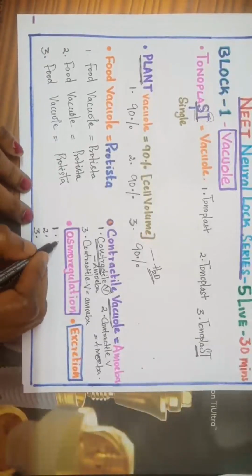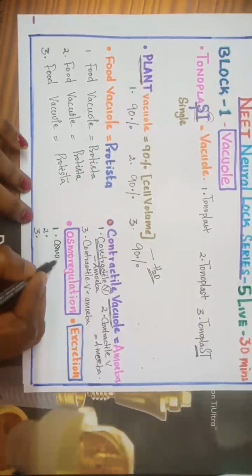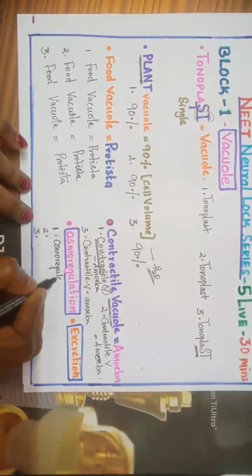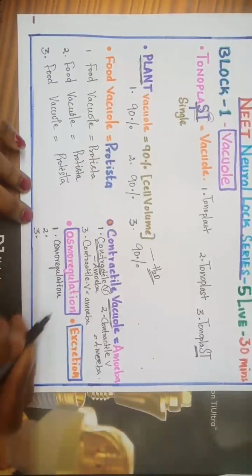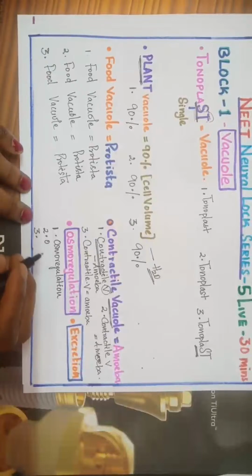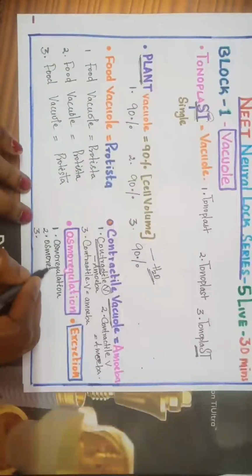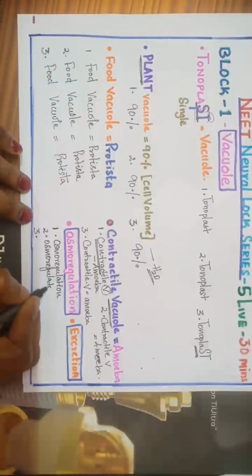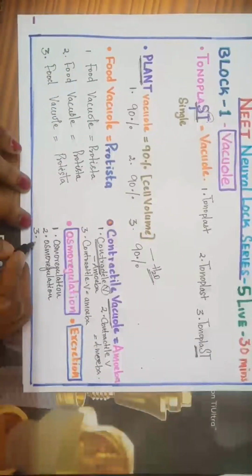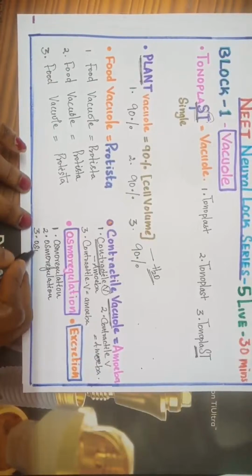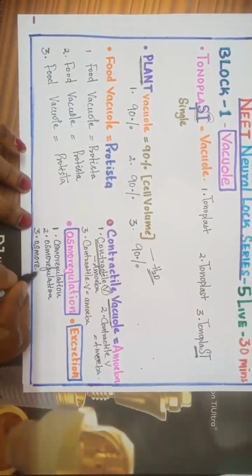What are the uses of contractile vacuole? Osmoregulation. What is the meaning of osmoregulation? Just now I shared it with you. Quickly type the answer in the comment section. Osmoregulation means water balance. Water and electrolytic ions should be kept in a balanced condition inside the cell.